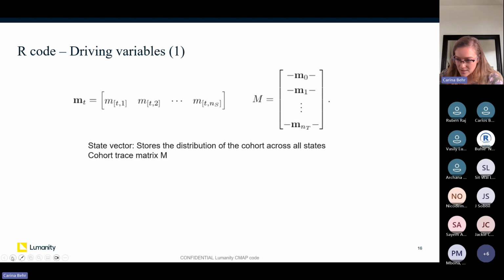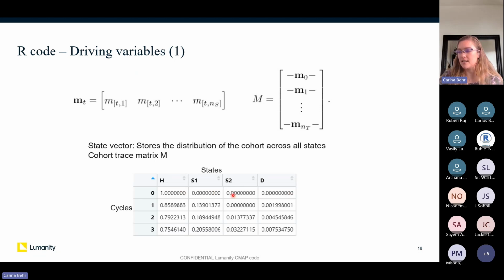So I have a little screenshot with an example to make it easier. Basically, we have the 4 health states. At the beginning of the model, we define that all patients are in the healthy state. After cycle 1, this is the distribution. After cycle 2, this is the distribution, etc. And this is a very important matrix in the model, because it basically drives all your results, or you calculate all your results based on this matrix.